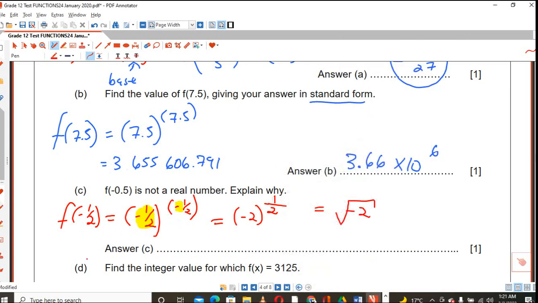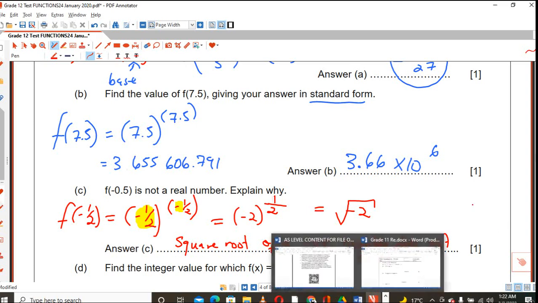So we can say the square root of a negative number is not real. It does not exist in the set of all real numbers.